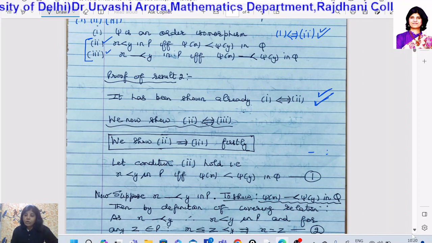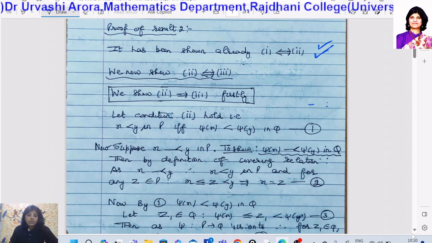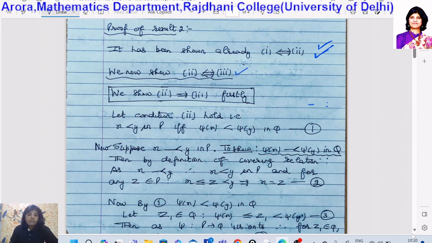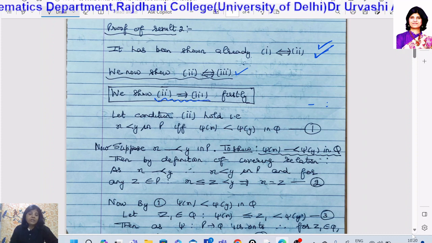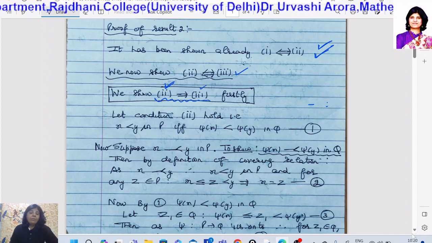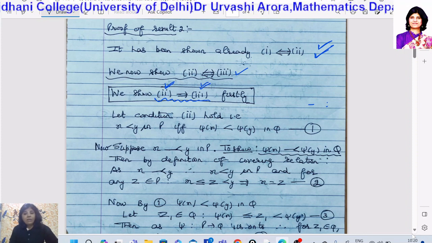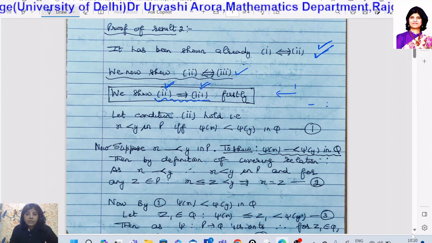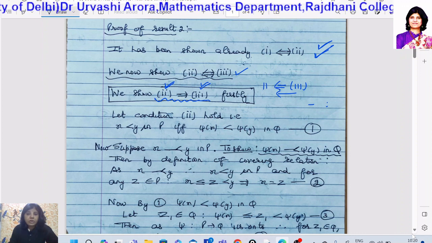So the first thing that I show is that condition 2 implies condition 3, which means that I'll be assuming condition 2 to be true, and I'll be showing that condition 3 is also true. And then, once we are done with that, I'll show the opposite, which means that given condition 3, we will show that condition 2 holds.